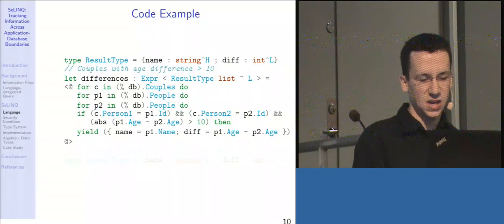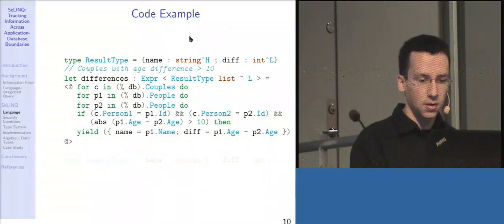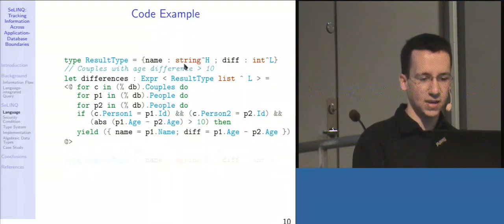And the idea about the enforcement mechanism that's also being demonstrated here is that when we annotate the result type, saying that this part of the output is considered private, then the type checker will look at the typing we gave for the database. For instance, it will see that names are considered private, so this field is correctly typed as high.